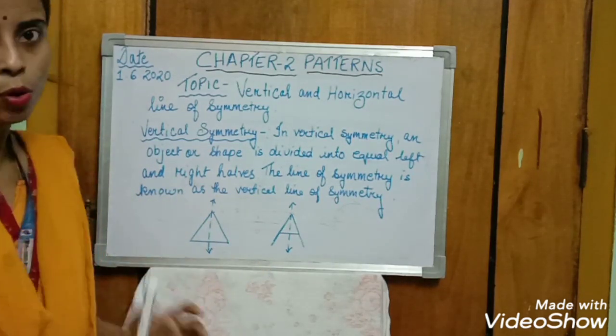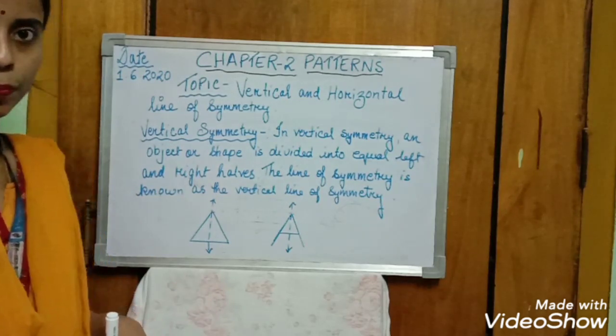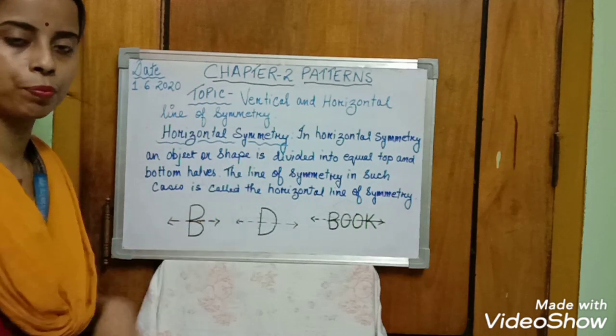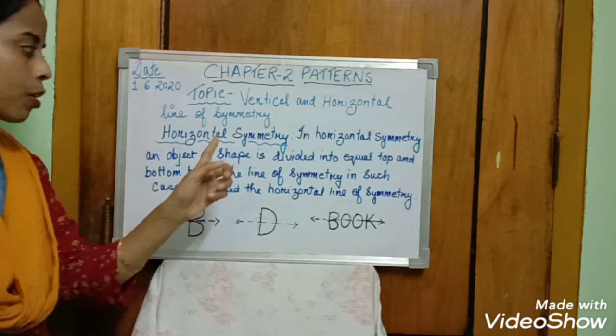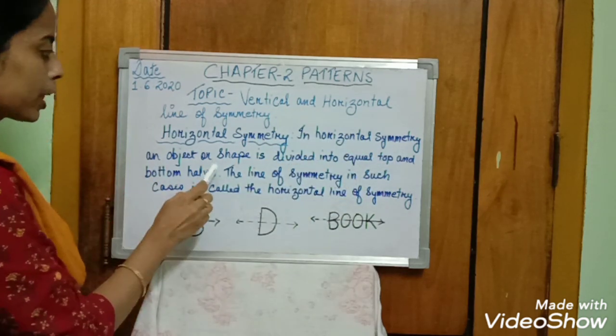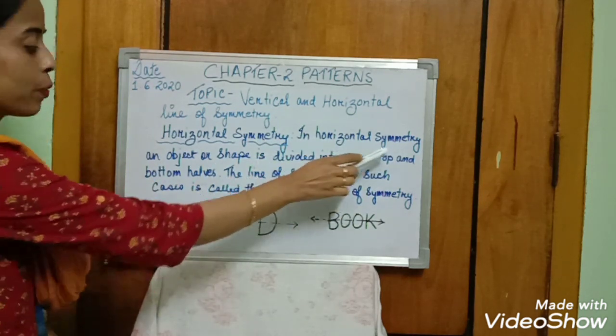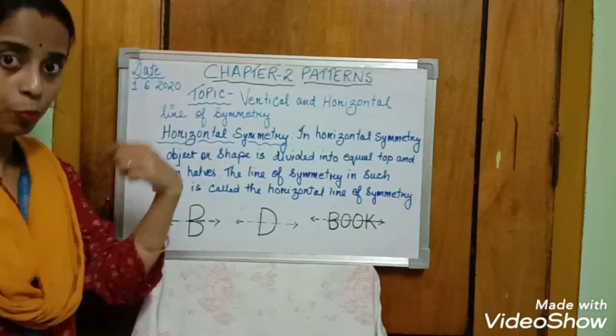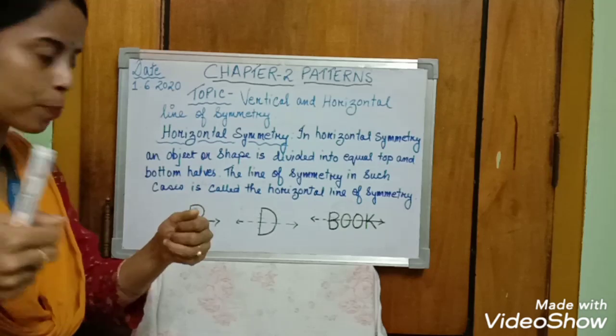Now next is horizontal line of symmetry. In horizontal symmetry, an object or shape is divided into equal top and bottom halves. We call it flipping, by flip.